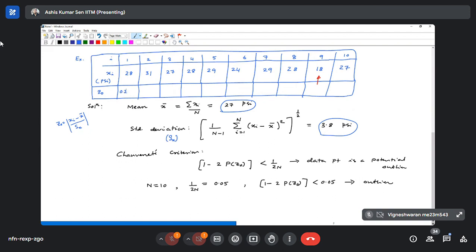For i equal to 1, this is 0.263. This is 1.052. This is 0 because it is the same as the mean. This is 0.263.